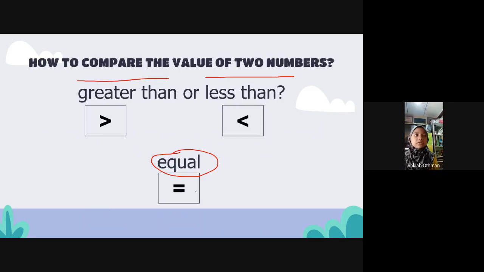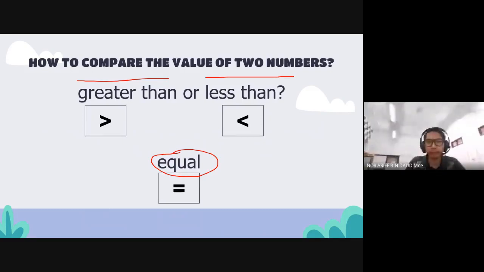Okay? Okay. Now you look at here. This is the symbol for greater than is shown to the right. Okay, the symbol for the less than show to the left. Okay, and the symbol for the equal is same.